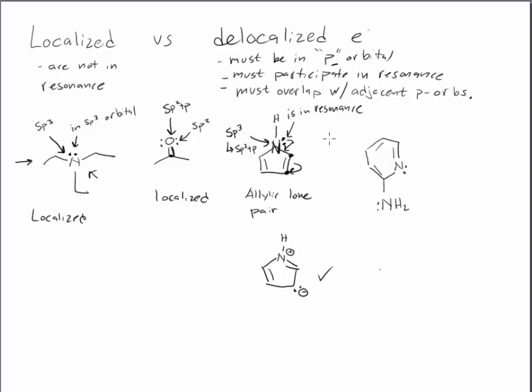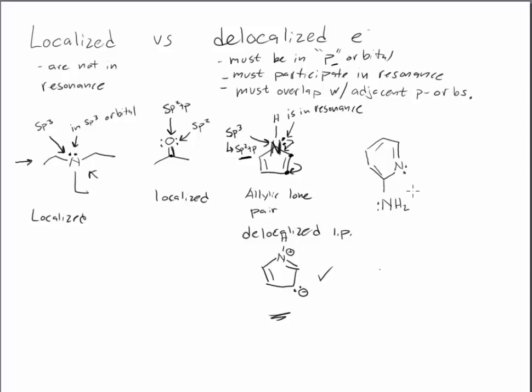And so the fact that we can draw a proper resonance pattern and a proper resonance structure means that it overlaps with adjacent p orbitals. So this is an example of where the nitrogen appears at first glance to be sp3 hybridized, but because there's the opportunity for resonance, it will rehybridize to the sp2 plus p, and thus this is a delocalized lone pair.